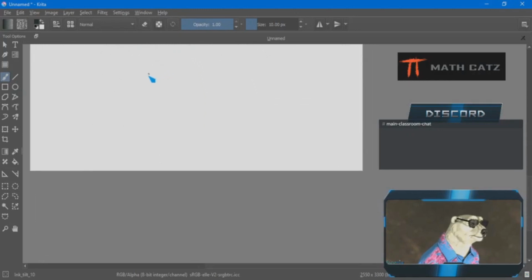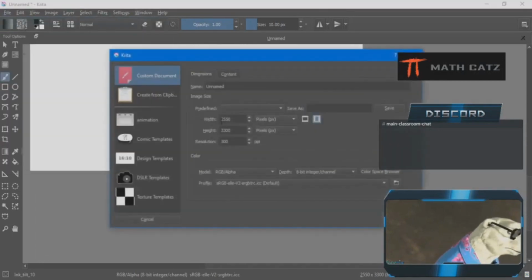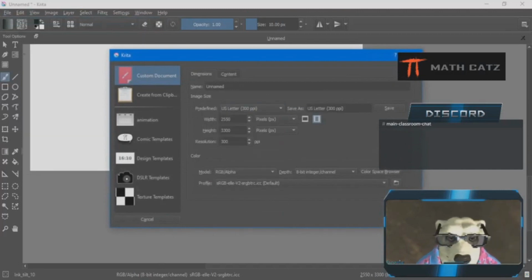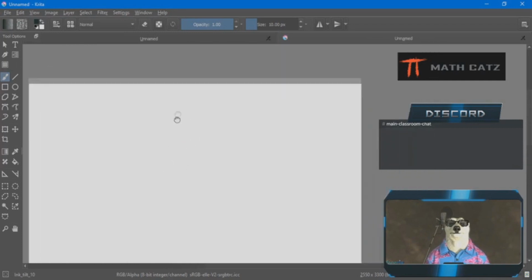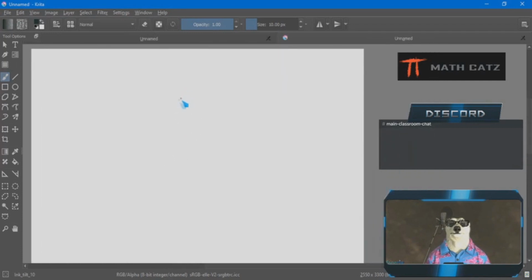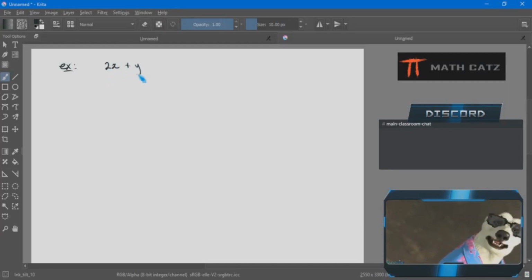Can I squeeze it in here? I don't want to. Let's make a new page. My example is not something in the problem book yet. I'm just making one up. 2x plus y equal to 4.